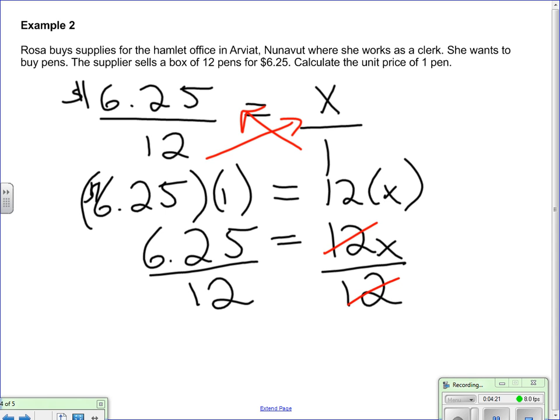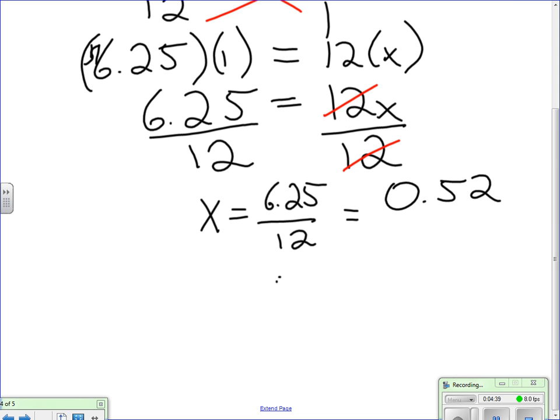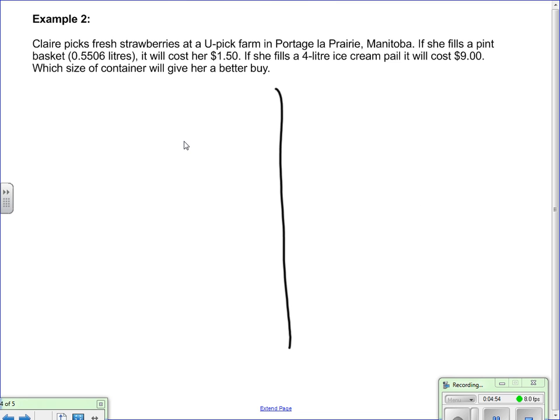That cancels my 12's. And X is going to be equal to 6.25 divided by 12, which is equal to 0.52. So to answer, one pen is equal to 52 cents.